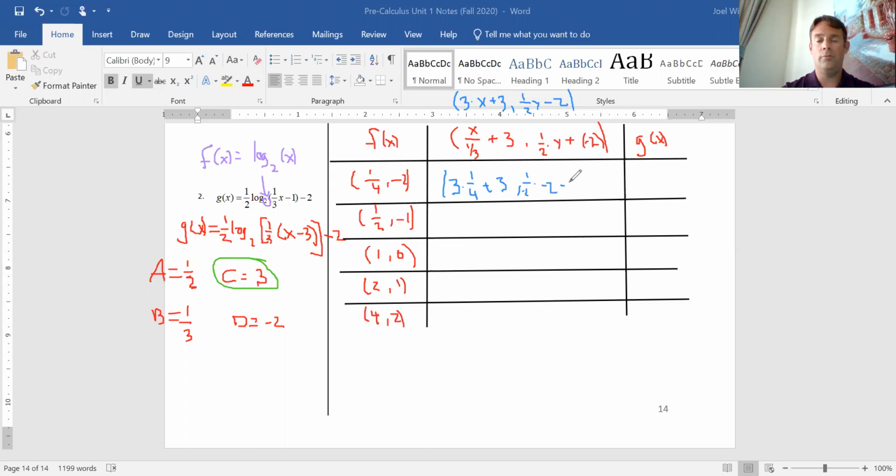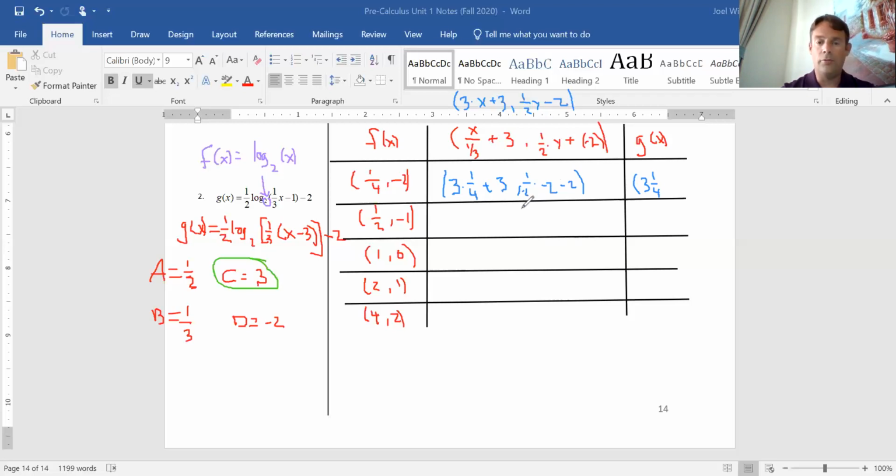And I'm going to then subtract 2 from it. So 3 times 1/4 is 3/4 plus 3. That gives me an x value of 3 1/4. And my y value then, half of -2.